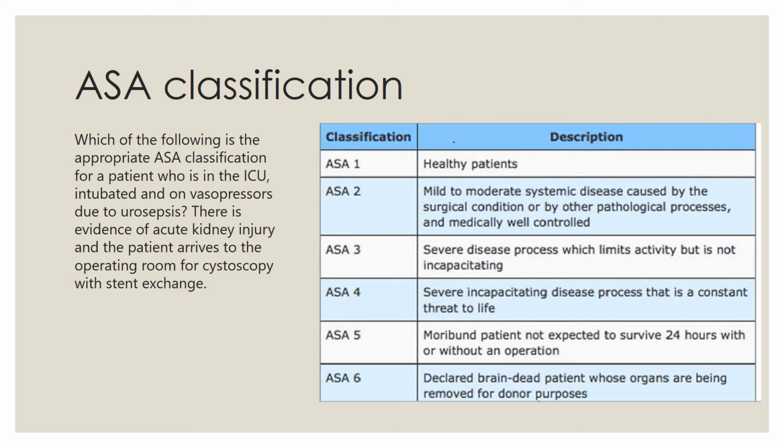correct ASA classification. So we can see over on the chart, ASA1 are completely healthy patients with no medical problems. ASA2 is mild to moderate systemic disease that is reasonably well controlled. Sometimes the difference between 2 and 3 can be a little bit difficult and somewhat subjective.